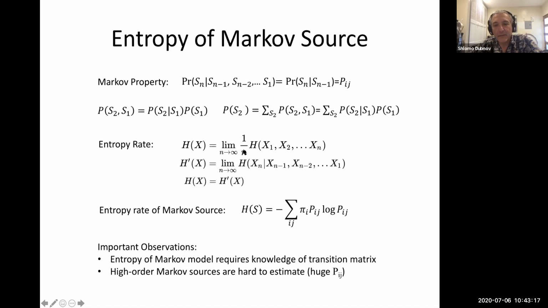And by dividing by the length of the sequence, we get the average bits per symbol. So if we take this very long block encoding, this is really the entropy rate.